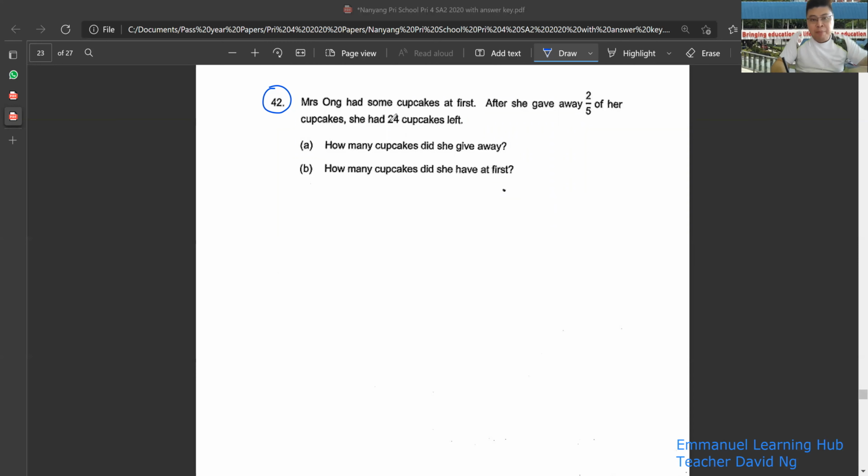Mrs. Ong had some cupcakes at first. After she gave away 2/5 of her cupcakes, she had 24 cupcakes left. So what is the fraction that she has left?